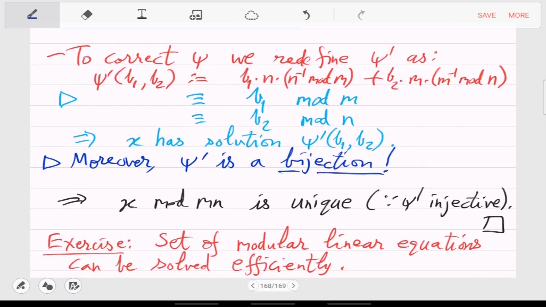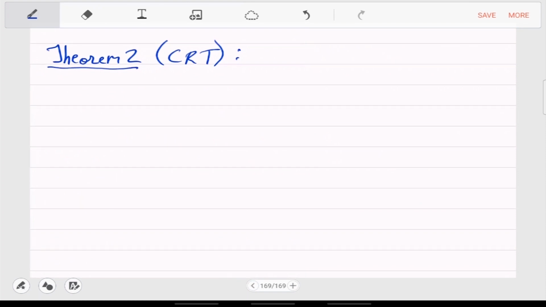But what if you have 100 equations? Yeah, actually that you can do by using this repeatedly. If you have 3 equations, then you first solve the first 2, and then use that to solve the third. But okay, I can give that compactly now.